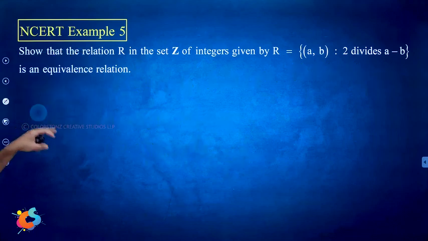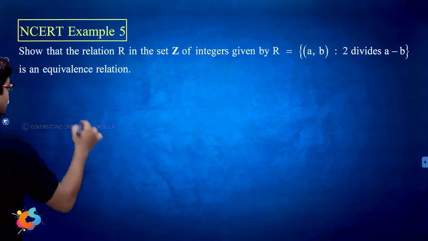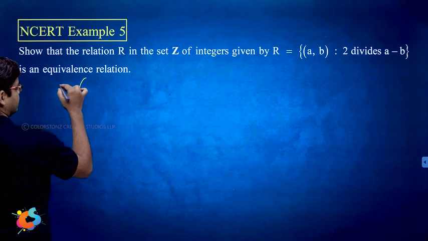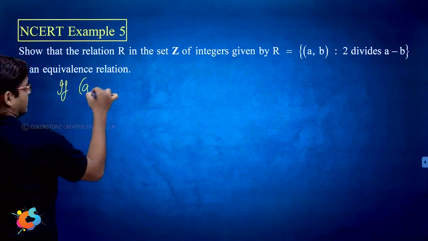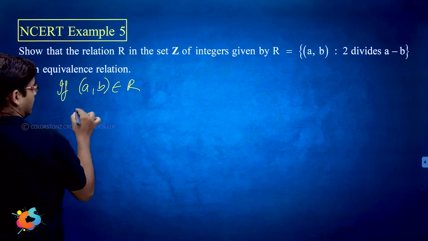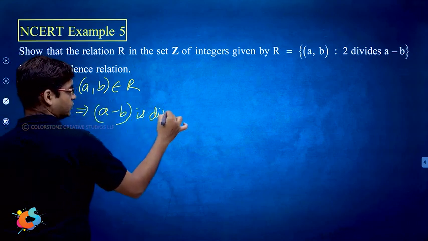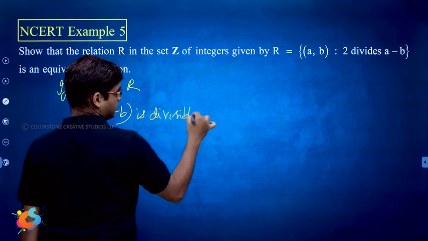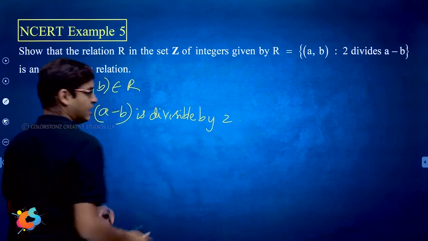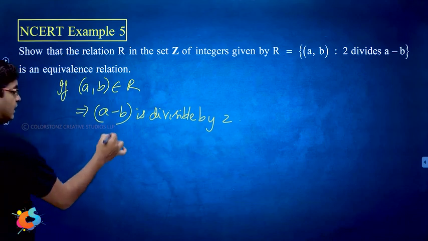Next, what do we need to do for symmetric? Same method. Whichever is the question, say if a comma b belongs to R implies a minus b is divisible by 2. And we know very well how to write this mathematically.